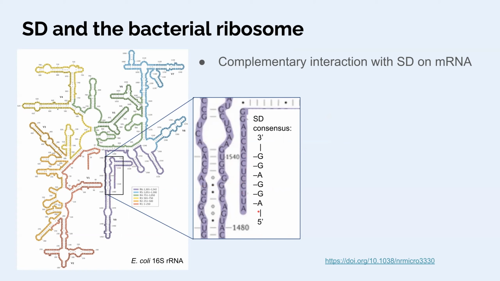You might wonder why should a ribosome be made up of RNA? This is one of the reasons. The RNA of the ribosome can form a complementary base pair interaction with the RNA of the SD sequence on the mRNA and start translation that way.